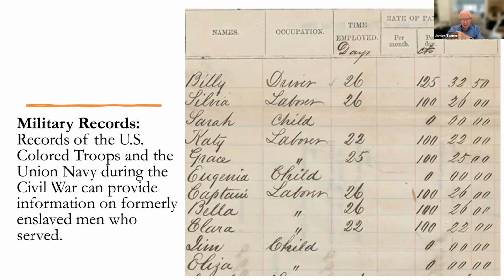Military records, there were the colored troops in the U.S. Army and the Navy during the Civil War. And once again, these records are what we call dense records. They have a lot of information, but they're also dense in the sense that they take a tremendous amount of research to break through and use the records for genealogical purposes.